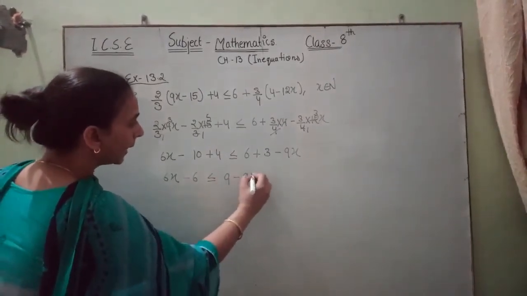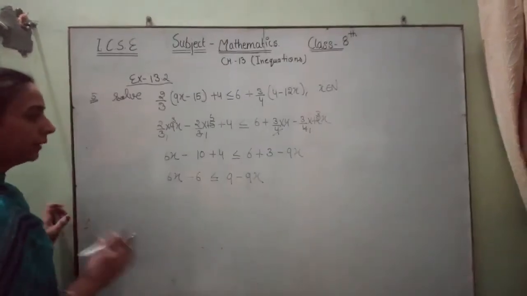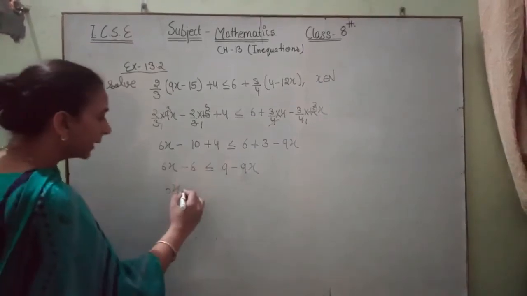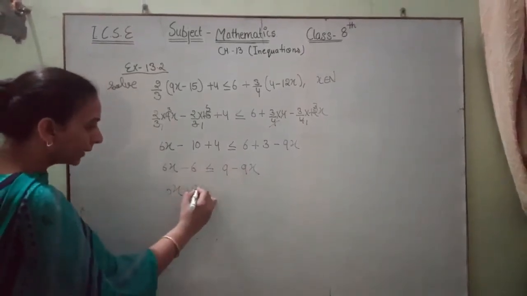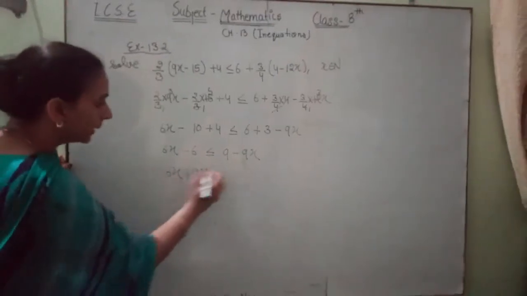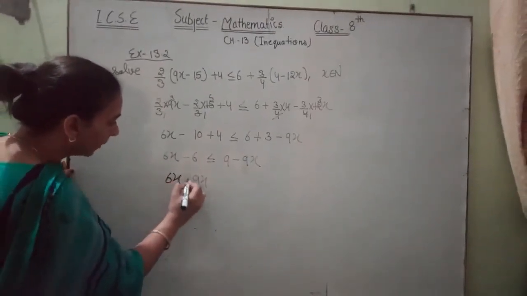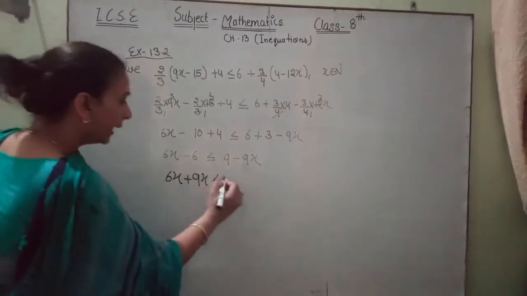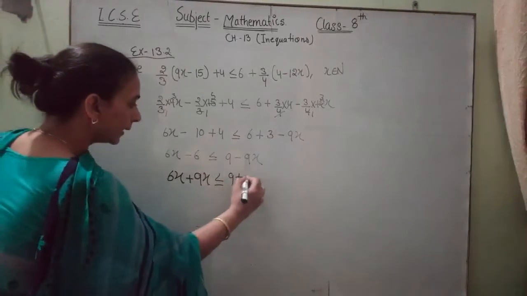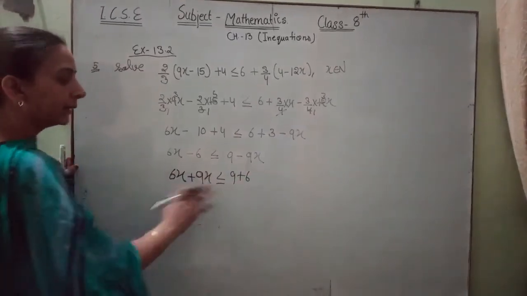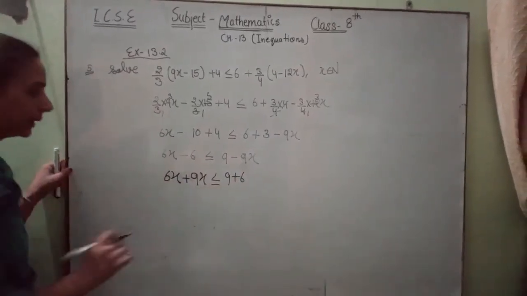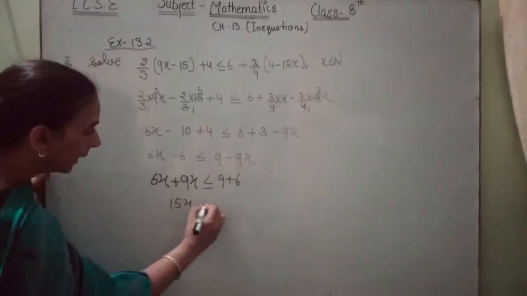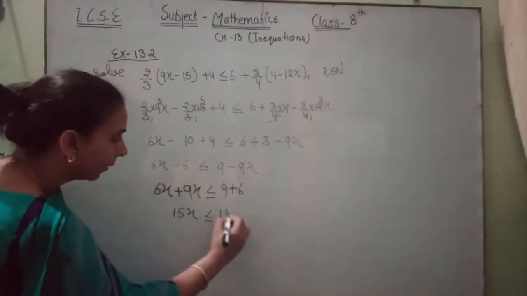Okay student, again 6x as it is, minus 10 plus 4 minus 6 less than or equal to 6 plus 3 nines are 9, minus 9x. Again we take x terms on one side: 6x as it is, plus 9x, 6x plus 9x less than or equal to 9 as it is, then minus, plus 6. If we add or subtract, the sign of inequality does not change. 6 plus 9, then 15x less than or equal to 9 plus 6, 15.